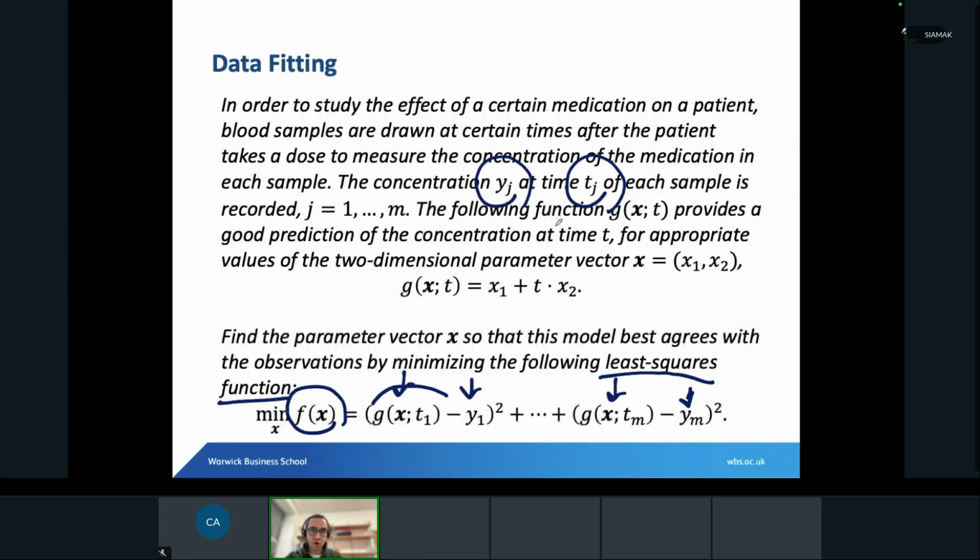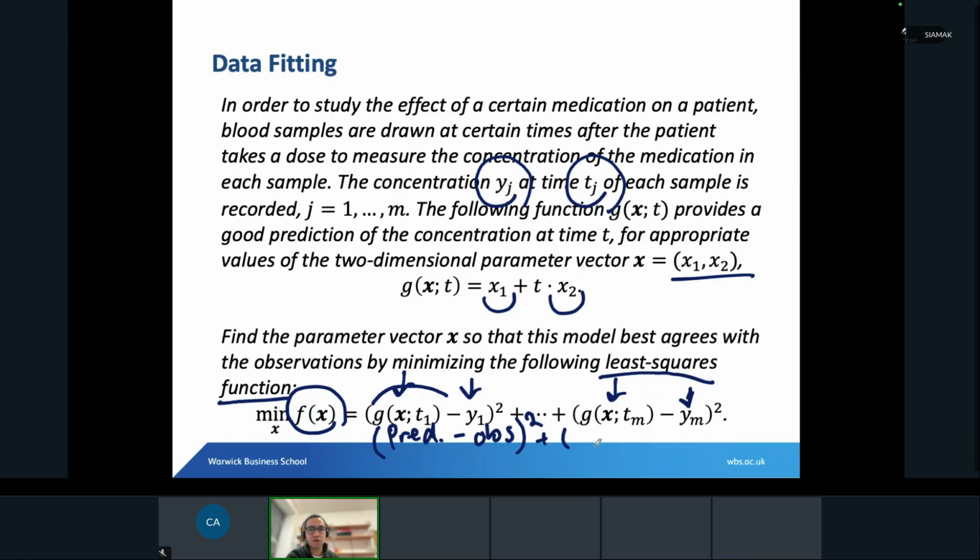We want to find a prediction. We want to find a g of x and t. Essentially, we want to find these two, the vector that we have, so that the error is minimized. How are we minimizing the error? It is the least squares of errors. So for each of them, it is the prediction that we have minus observation squared. This is the first one. We have the second one.